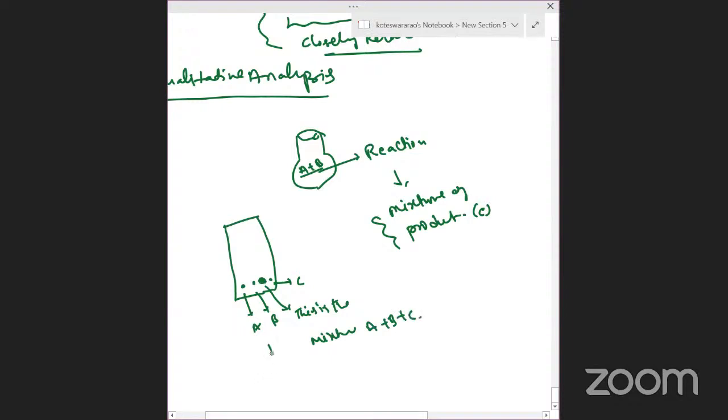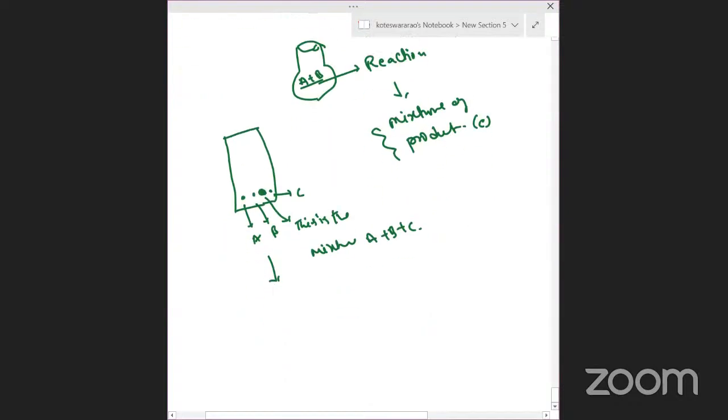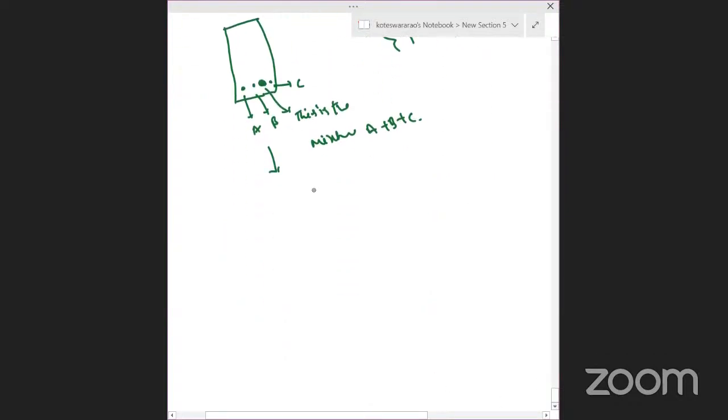After we have run the chromatography in the mobile phase, in a perfect solvent, suppose A is moving here, B is moving here, and C is moving here. The reaction mixture also travels along with the mobile phase.